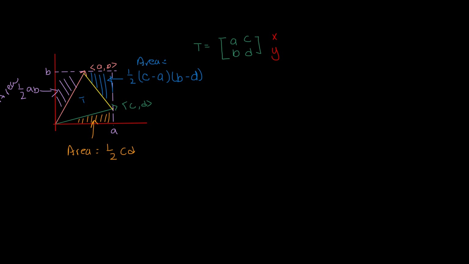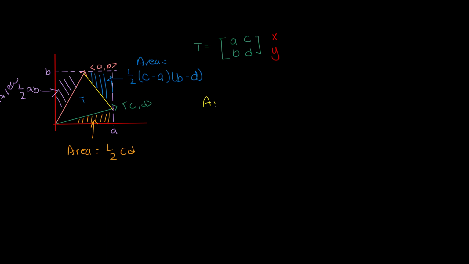Looking at this, the area of the triangle can be found by subtracting the areas of the surrounding triangles from the area of the rectangle. If you compute the area this way, the result is that the area of the triangle is half the absolute value of the determinant.